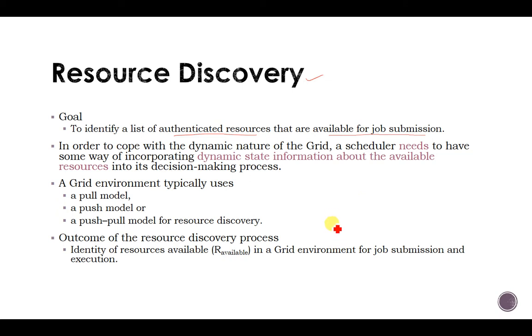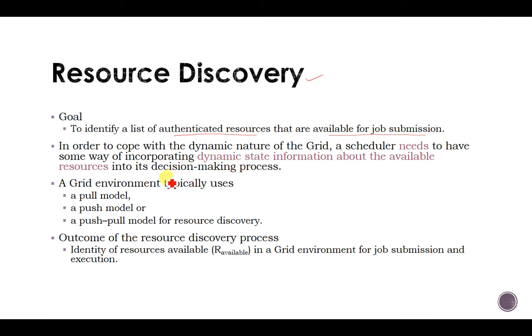So you need dynamic state information about which resources are available and which are not, because the decision depends entirely on the availability of resources. Since resources in a grid are created and destroyed according to need, we need updated, dynamic information so that we can easily allocate our jobs to the resources.